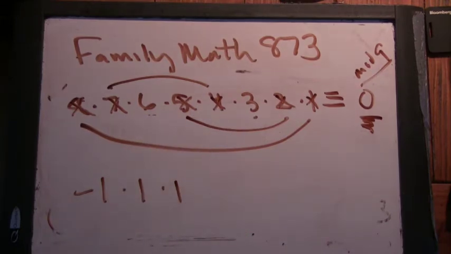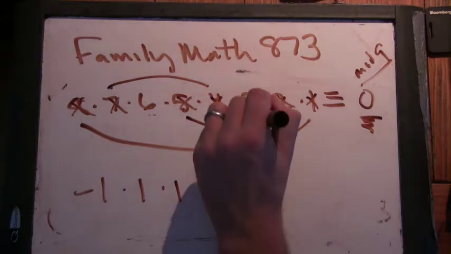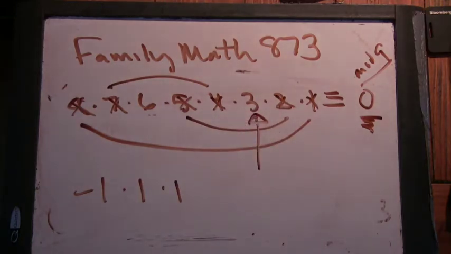Then you're left with 6 and 3. Okay, and what's the problem with 6 and 3? Why can't 6 and 3 multiply to be 1 mod 9? They multiply to be 18, which is 0 mod 9. Why can't any integer multiplying 3 ever be 1 mod 9? Because 3 is always a factor of 9.